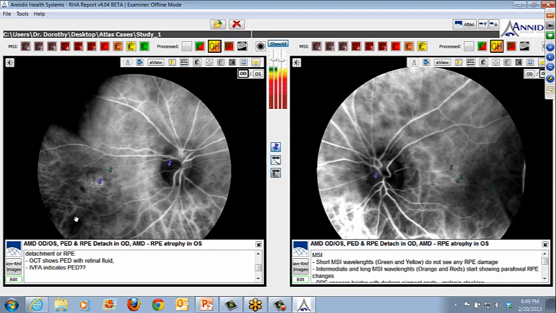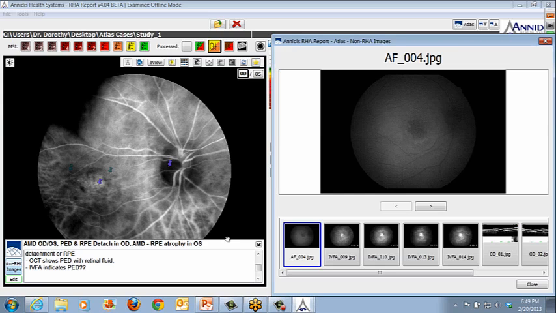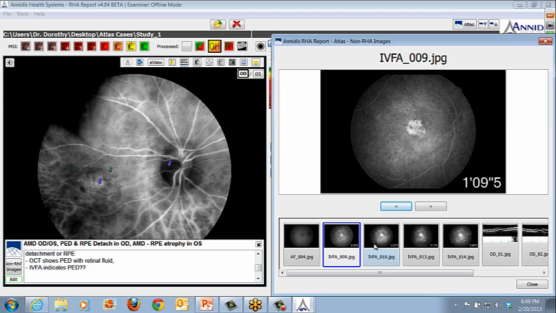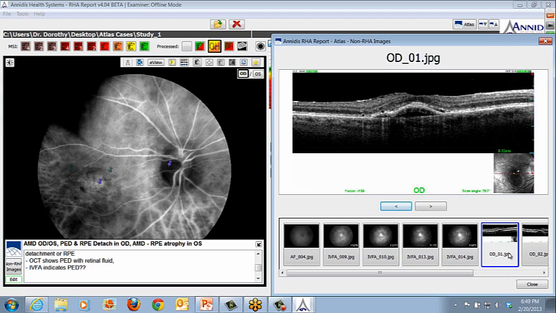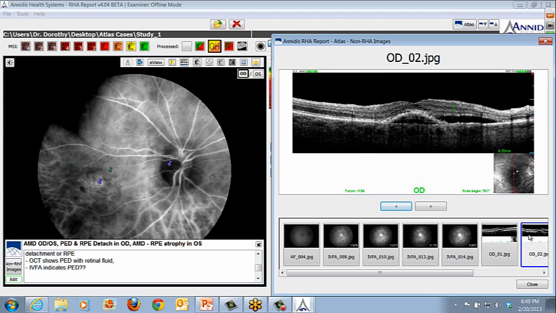If you need to get your bearings and you're brand new to multispectral imaging, there'll also be reference images called non-RHA images. In this case, we have autofluorescence, a few views of IV fluorescein, as well as OCT of this particular patient, along with the interpretations.